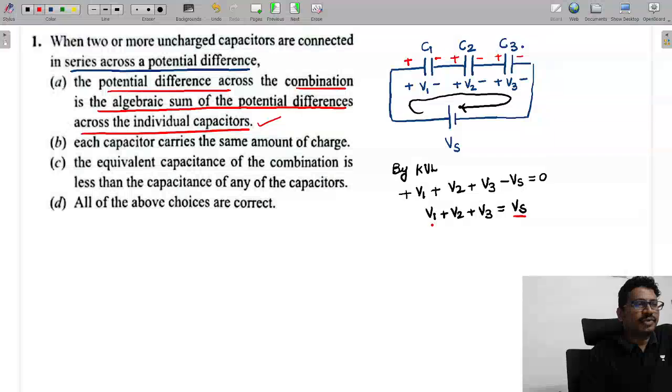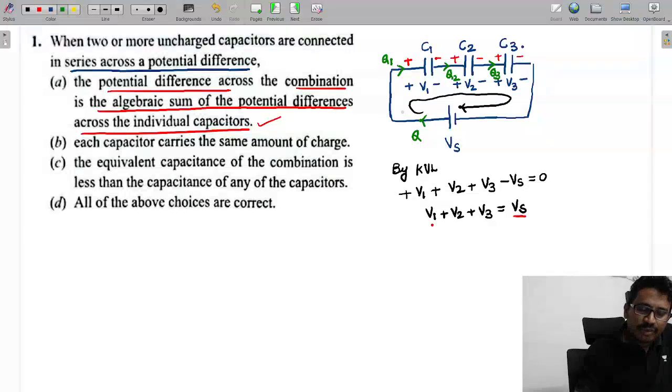Now see the second one, B: each capacitor carries the same amount of charge. Yes. Here the capacitors have been connected in series. If I call the charges Q1, Q2, and Q3, the supply is delivering a charge of Q to the combination.